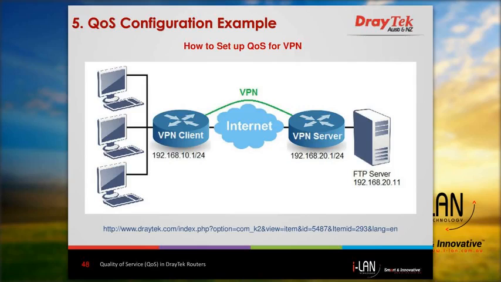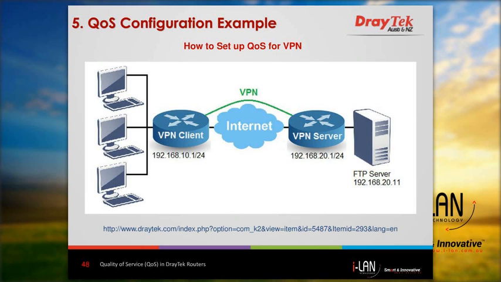We want to give priority to traffic going to the FTP server on the right, which is 192.168.20.11, and that's for traffic coming from the left-hand side, which is on the 192.168.10.1 subnet.